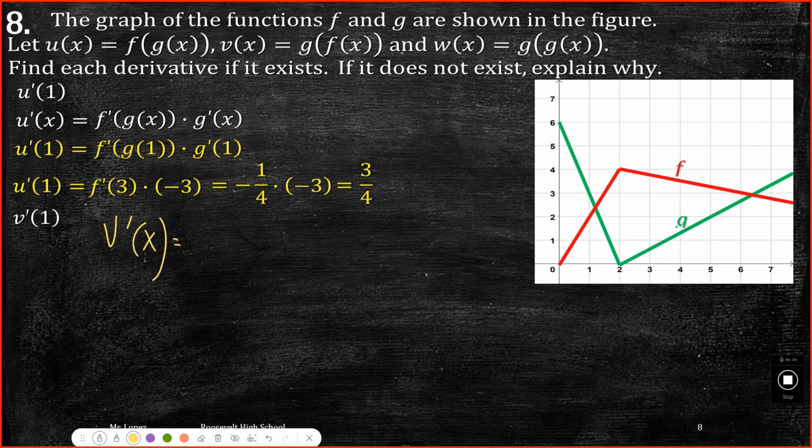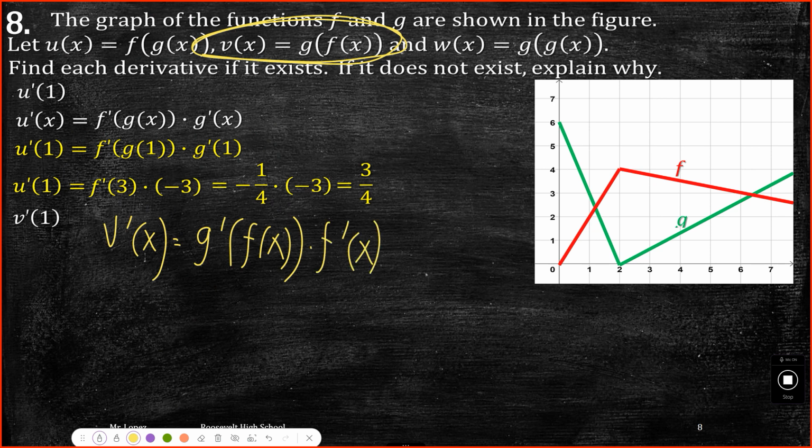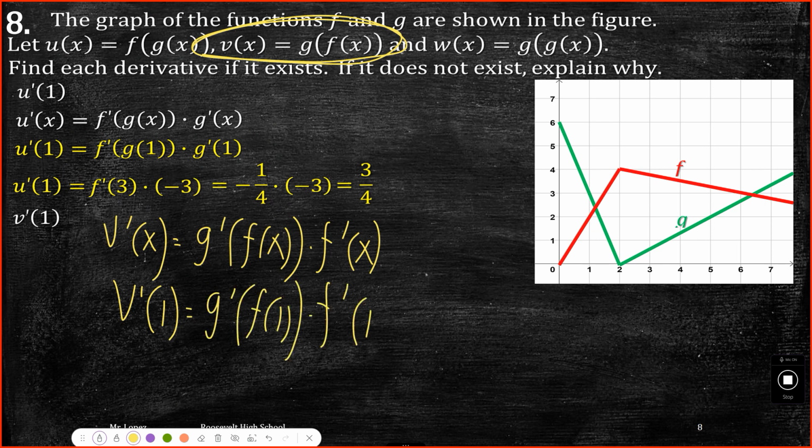We're looking now at this composite function, so v prime of x is g prime of f of x times f prime of x. So v prime at 1 is g prime at f of 1, evaluate f of 1, times f prime of 1.